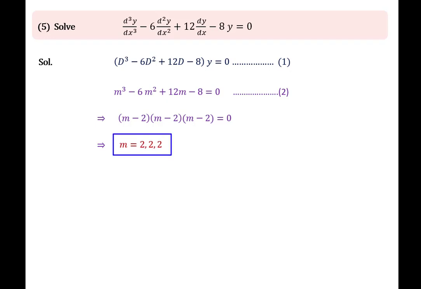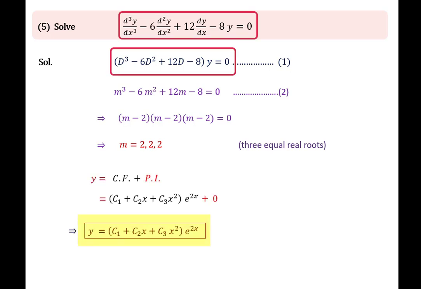Here all 3 roots are real and equal. Therefore, the general solution of the given differential equation 1 is y = (c1 + c2x + c3x^2) e^(2x).